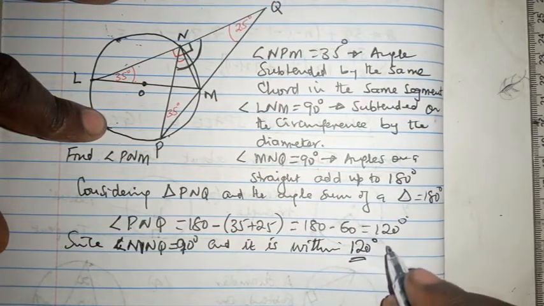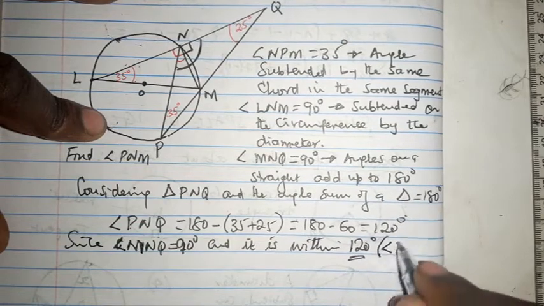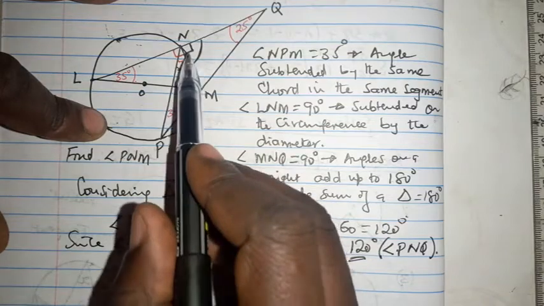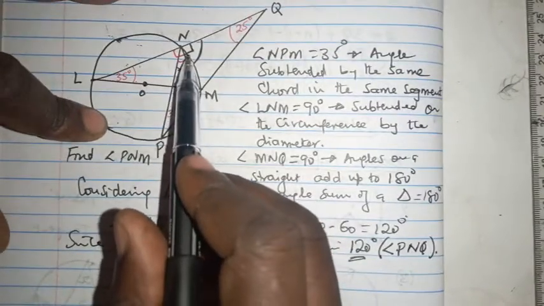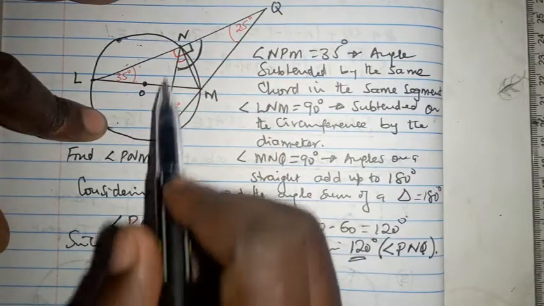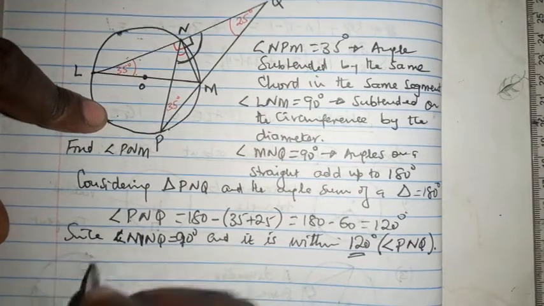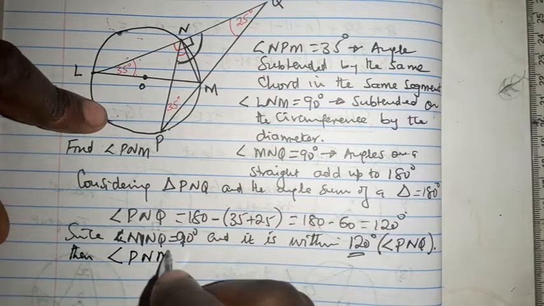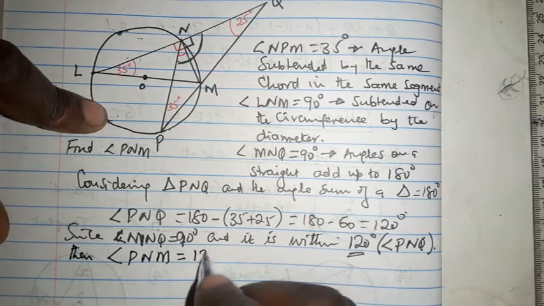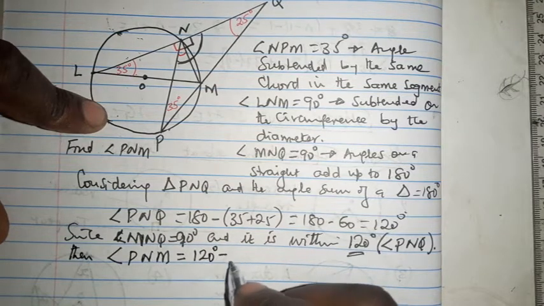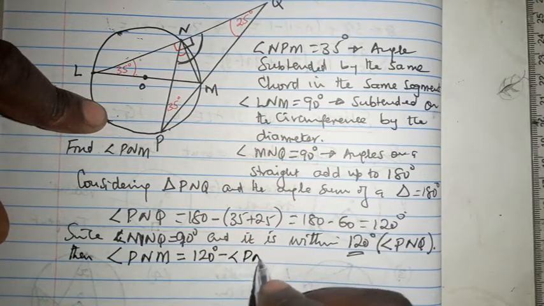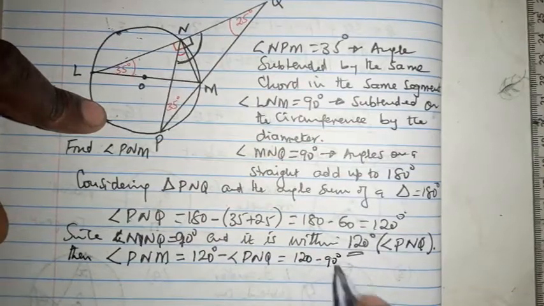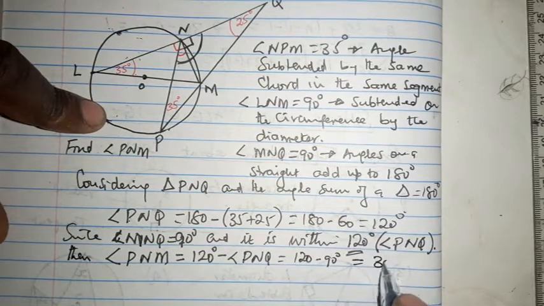In other words, it is within angle PNQ. Then we just need to subtract 120 minus 90, and we'll be left with the angle. Then angle PNM is equal to 120 minus 90 degrees, and this one is easily giving us 30 degrees.